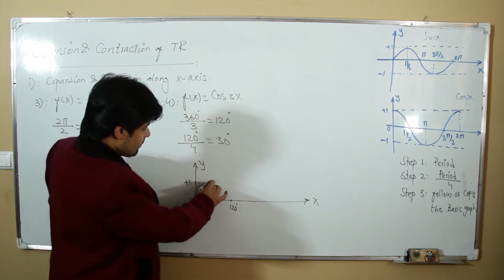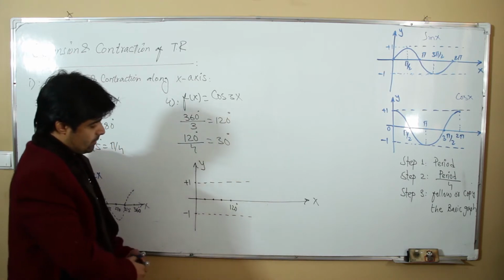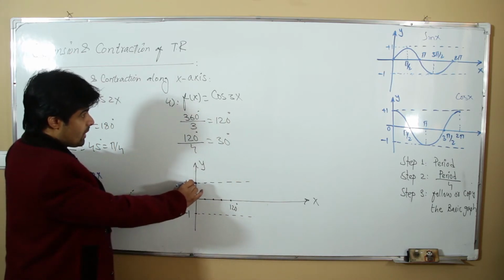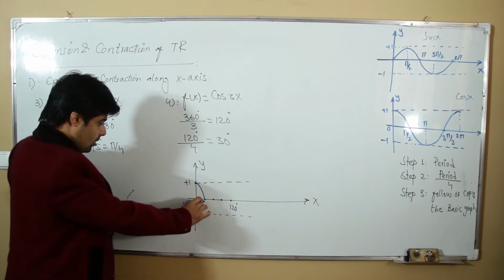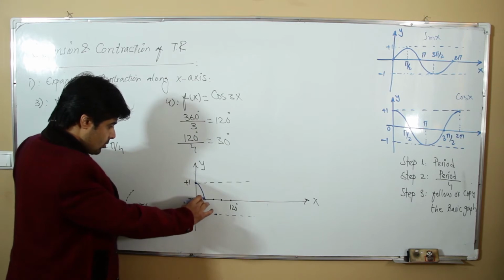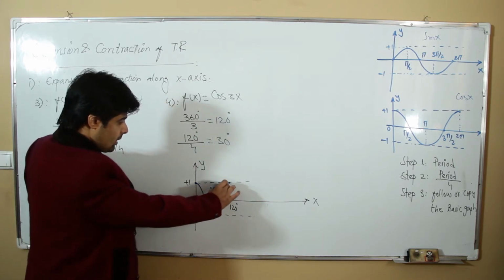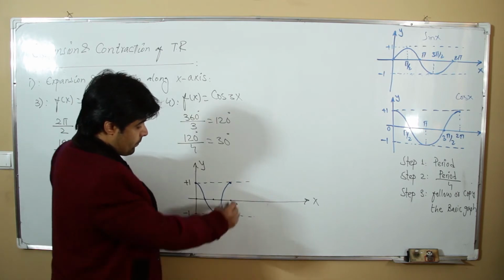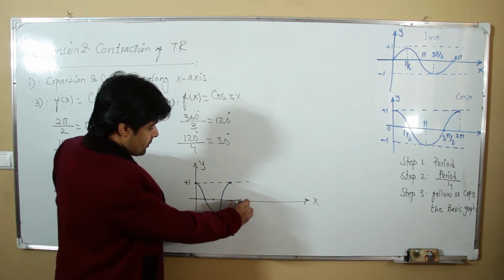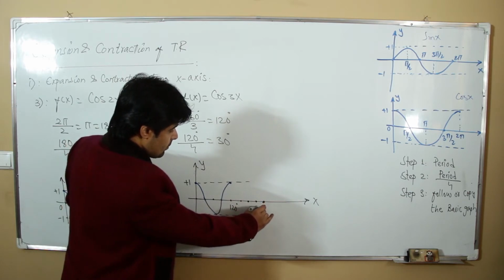The maximum is positive 1 and the minimum is negative 1. It starts from here. Cosine starts from this one point. The first point it should cross, the second point it should be minimum, the next point it should cross, and the next point it should be the maximum. Now for another one, 120, we have 150, 180, am I right or not? 210, 240.